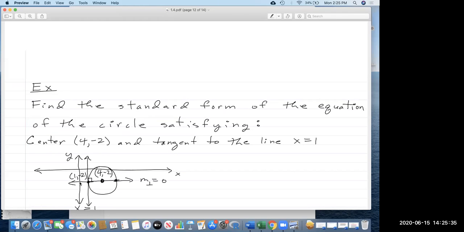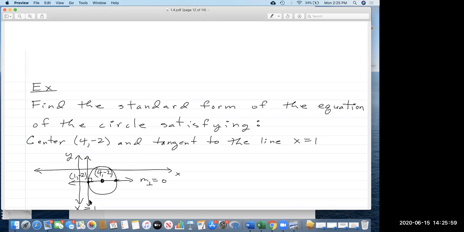So the center of my circle is at 4, negative 2. And it's tangent to the line x equal 1. So this is the line x equal 1. And it's tangent to this line, meaning it just touches this line.